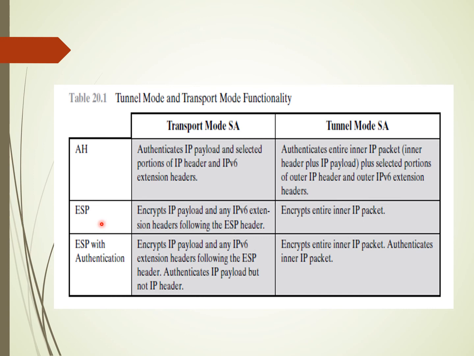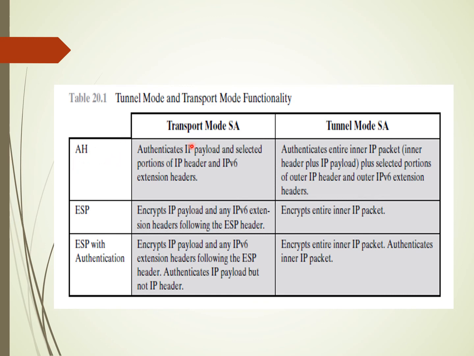In pure ESP there is no authentication, but if we use the optional authentication along with ESP, that is ESP with authentication. Authentication is used for authenticating a sender by the receiver verifying his signature. Now let's see transport mode and tunnel mode for the authentication header.